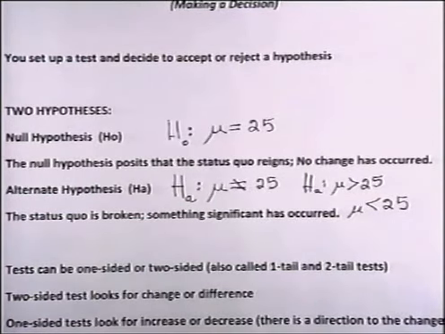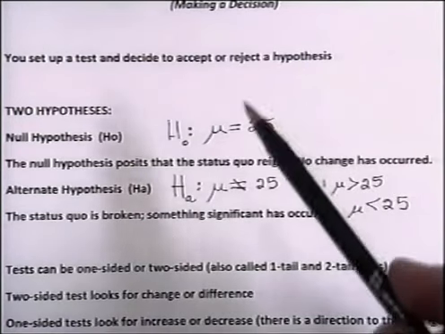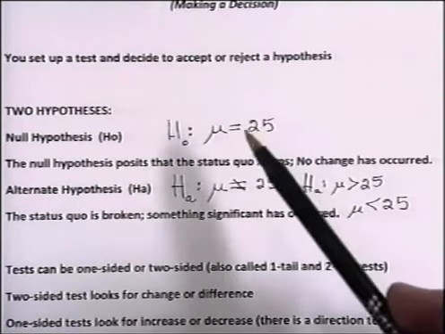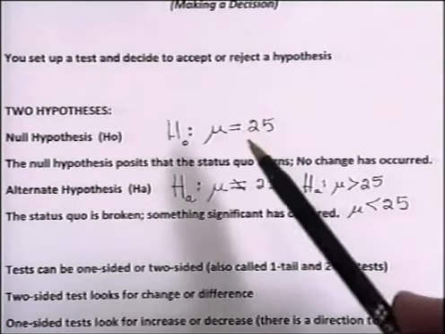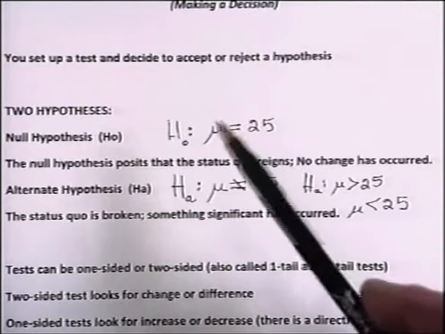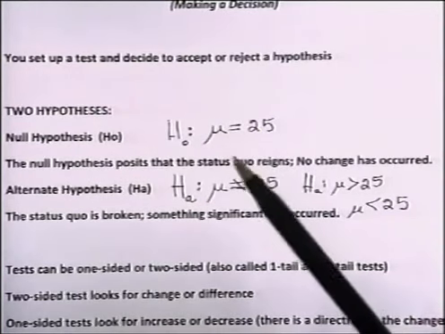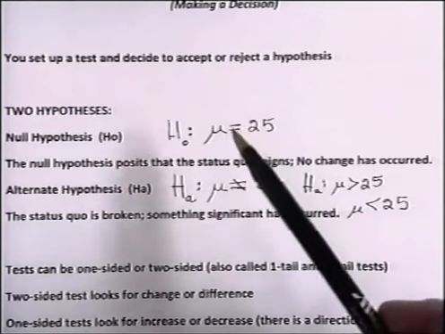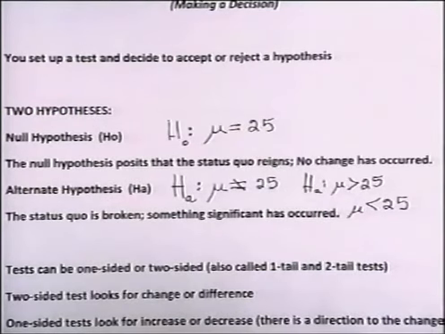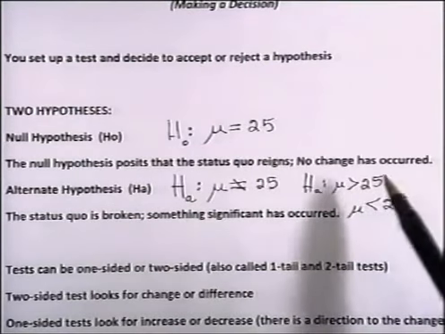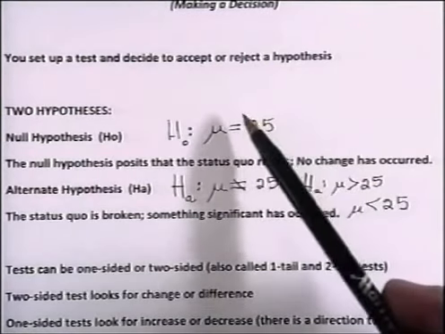Now, if this is my alternate, some people write the other parts in there. So the null would be greater than or equal. But remember, the equal is always in here, and the math purists always just use equal up here. And some people in some books will do, if we're testing the alternate greater than, this is going to be less than or equal.